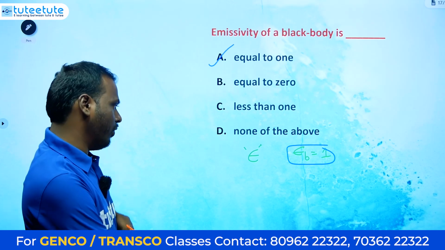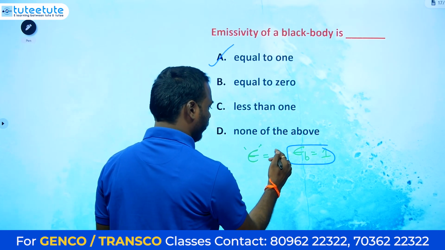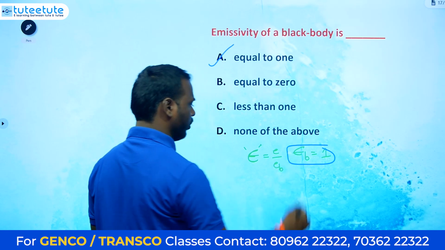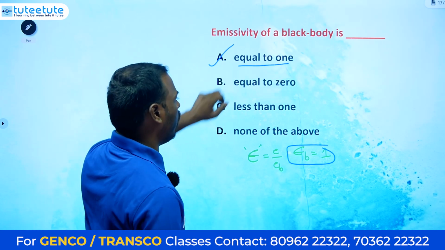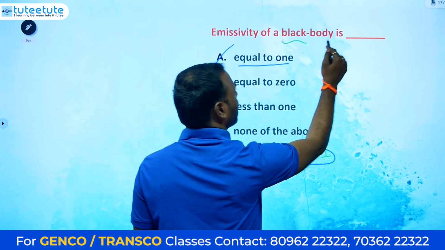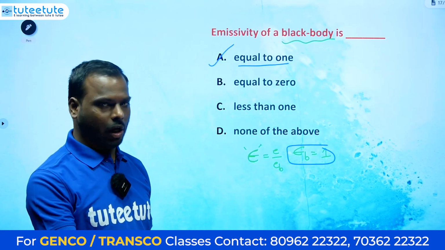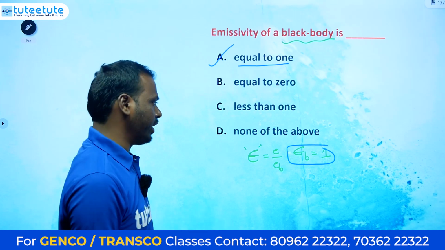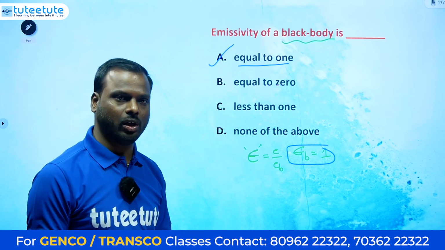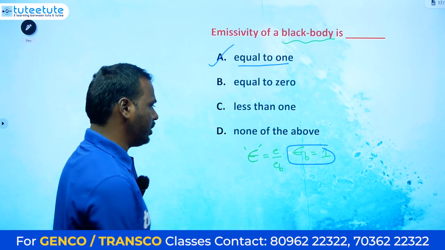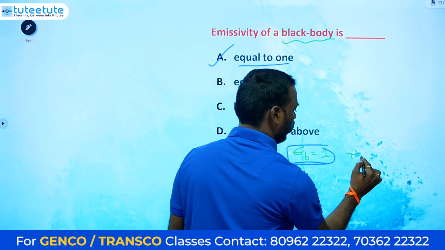Emissivity is nothing but the emissive power of a body to the emissive power of a black body, and this is equal to 1 for the black body because the transmissibility is equal to 1, absorptivity is equal to 0, reflectivity is equal to 0. So we take the emissivity of a black body as 1, because the transmissibility is equal to 1.